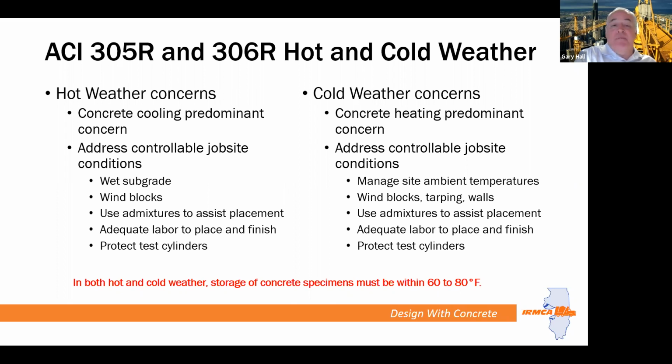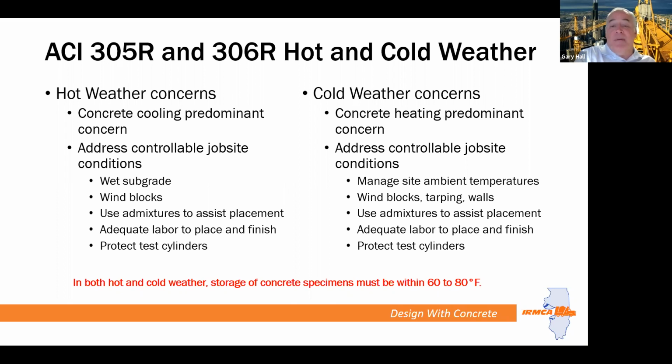And on the flip side, you have concrete cold weather conditions. As a producer, we have to make sure that we heat our materials and water to produce adequate concrete temperature. And again, addressing controllable job site conditions as far as managing the site environment. So we have to maintain and create an environment suitable for placement.